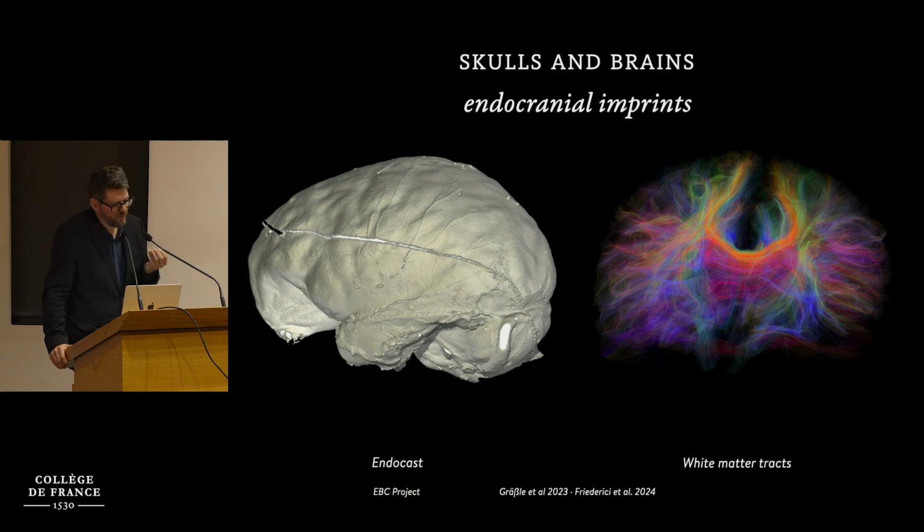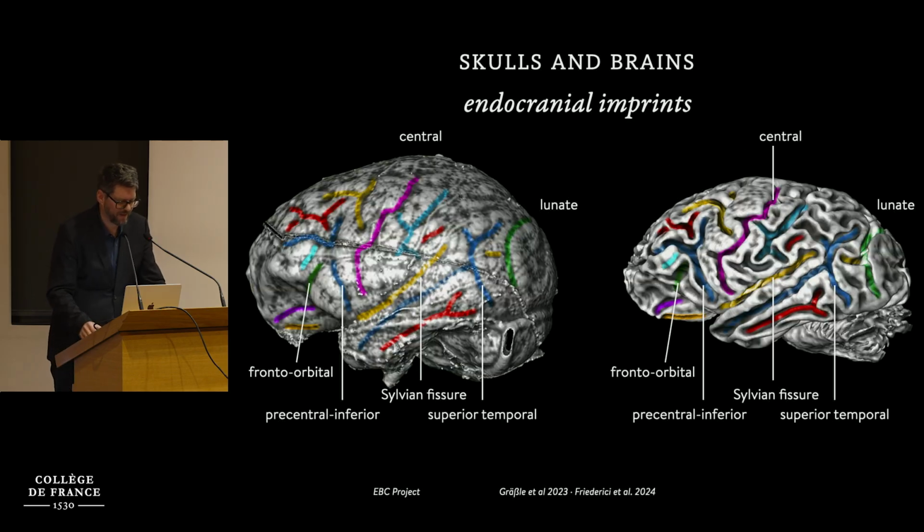So we can basically ground truth the patterns that we see on the endocranial imprint inside the skull and connect this to different modalities of the brain. And you can see here on the right-hand side that we also do something called diffusion tensor imaging, where we can visualize the white matter connections in the brain, not just the outside shape of the brain.